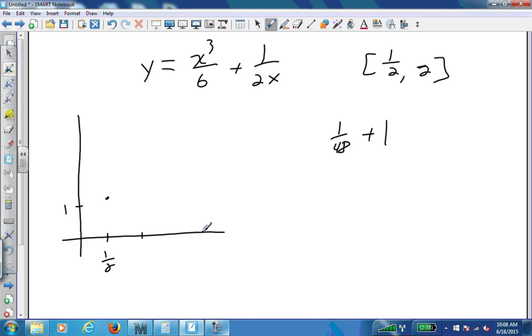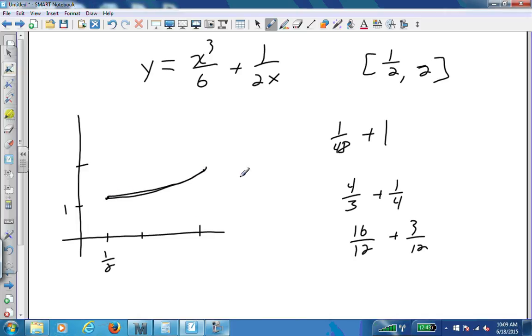When we're at 2, 2 cubed is 8 over 6, or 4/3. Put a 2 in here, 1 over 4. Common denominator of 12, so 19 over 12, it's like 1 and 7/12. So we're going to have a little curve, kind of like that.